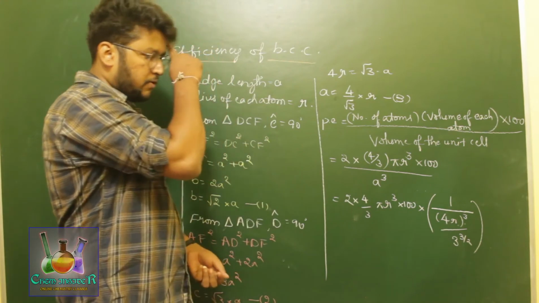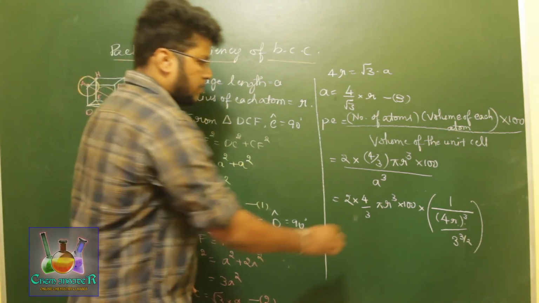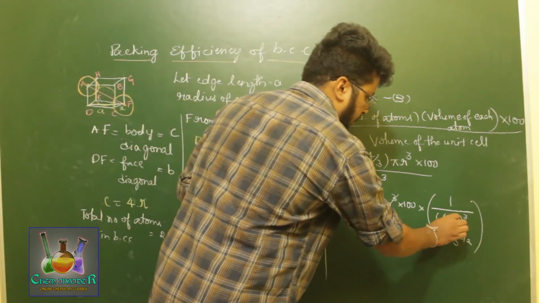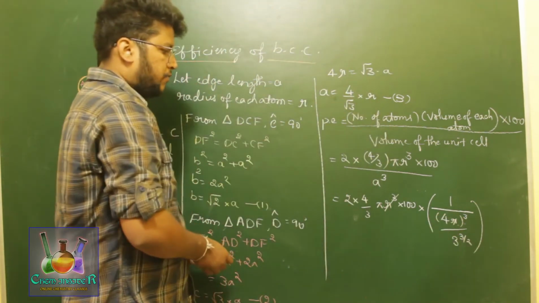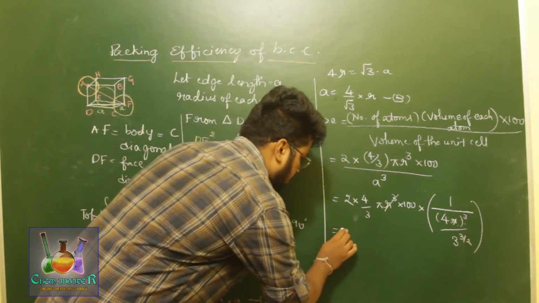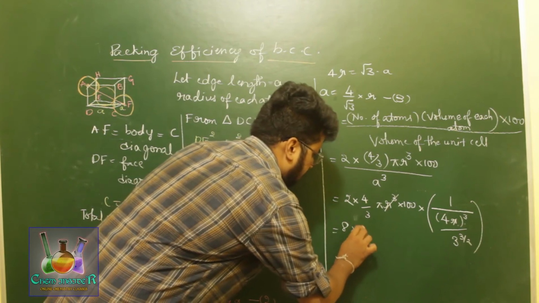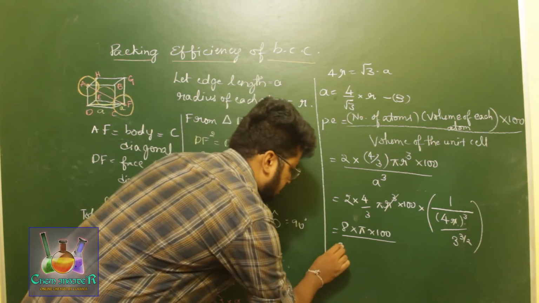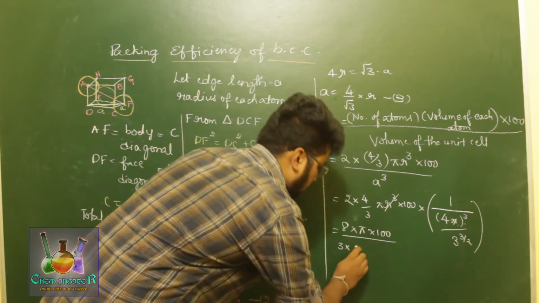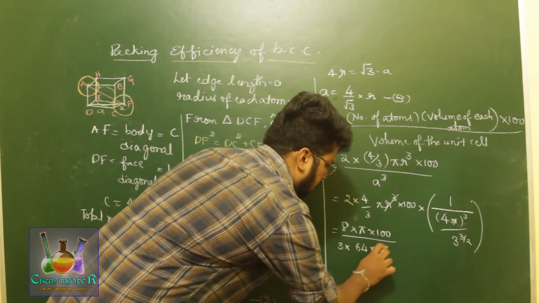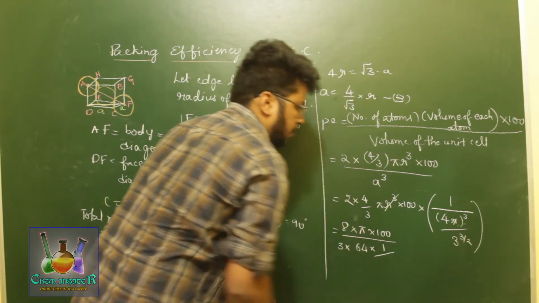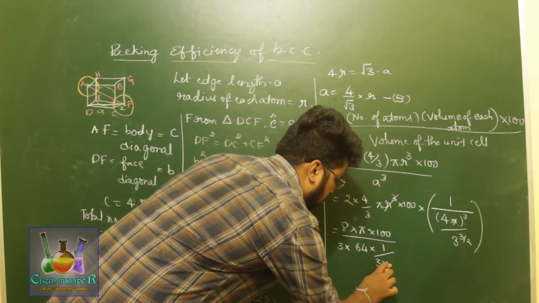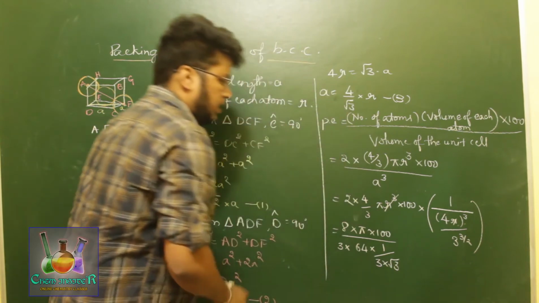Okay. So now simplifying those values, r cube and r cube get cancelled. So left will be 8 into pi into 100 divided by 3 into 4 cube, which is 64, divided by 3 to the power 3 by 2, which can be written as 3 into root 3. 3 into root 3.